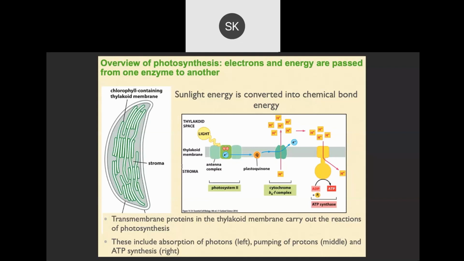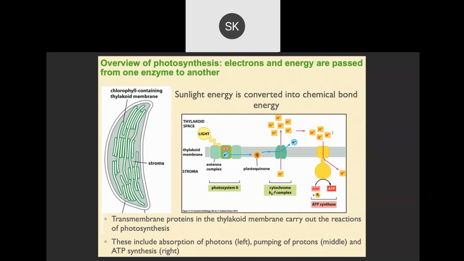The thylakoids are these inner membrane pockets or areas in the chloroplast. We've talked about a bunch of different steps that happen in the light reactions of photosynthesis. The light reactions occur first. So you have to have the light reactions before you have the dark reactions.